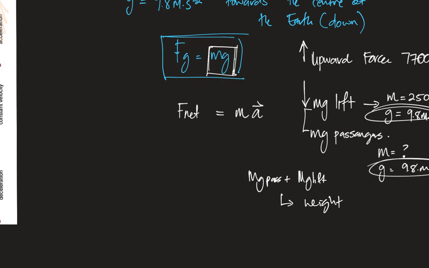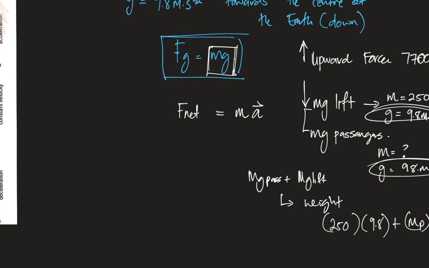So now I'm left with 250 times 9.8 plus mass of the passengers times 9.8.